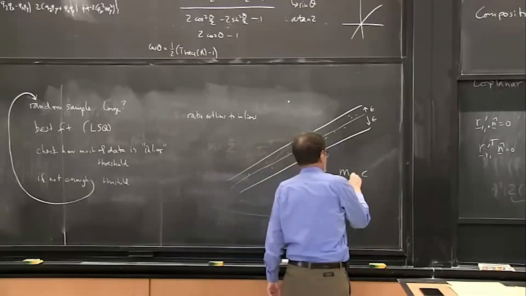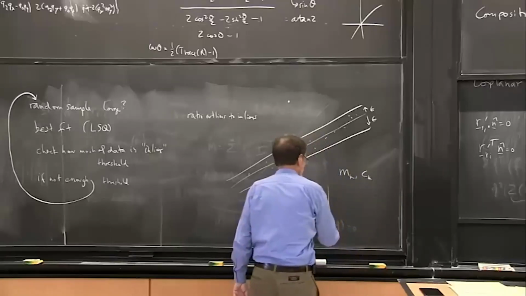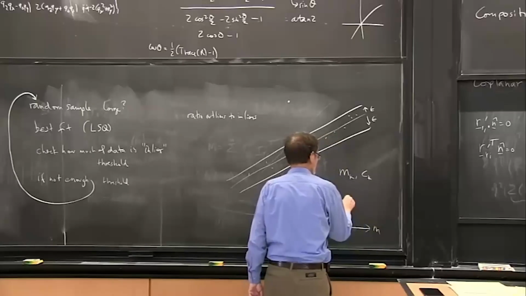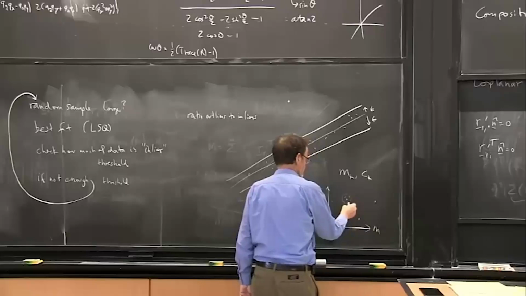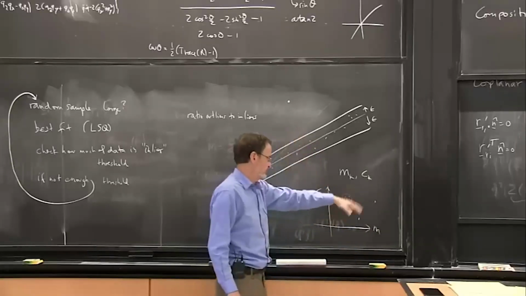And you do it again. Do it a certain number of times. And then you plot them in some parameter space. And some of them will cluster tightly, and some of them that included the outlier will be way off.